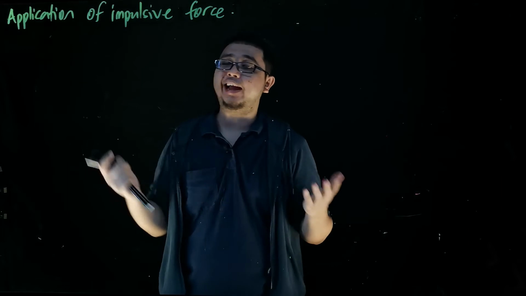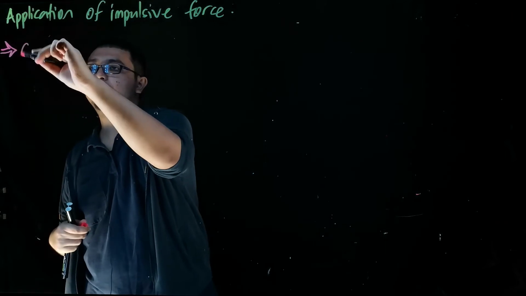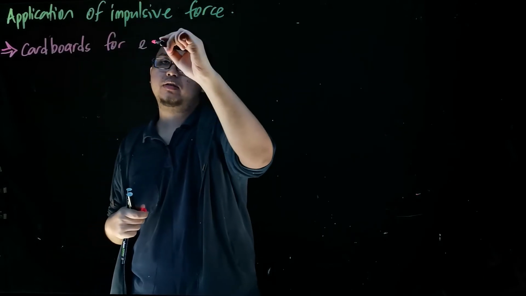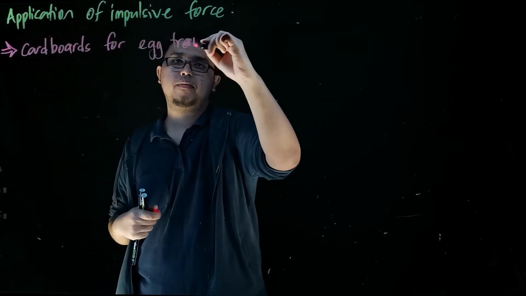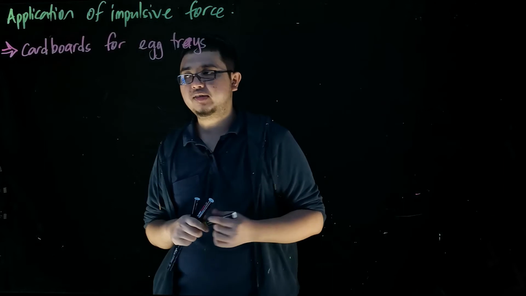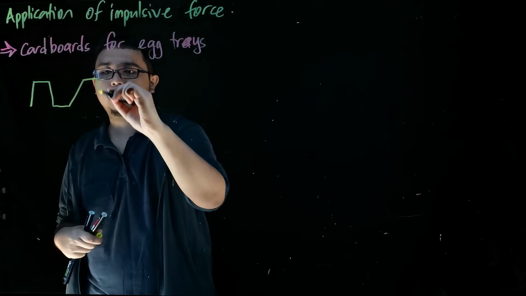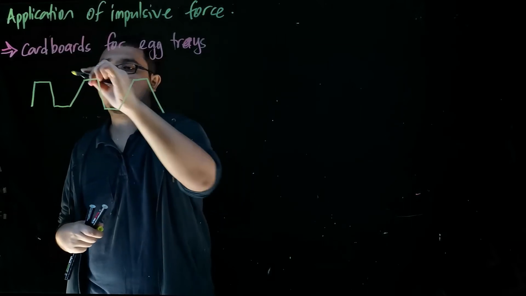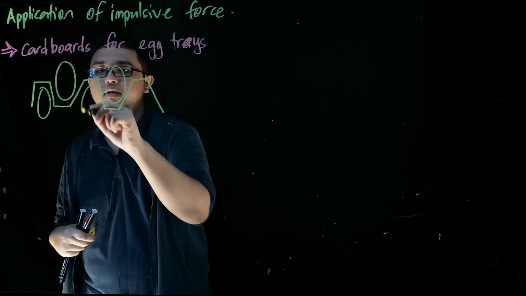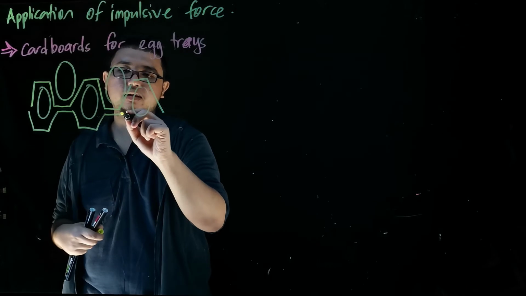Right, now we're going to look at other applications of impulsive force. We have, for example, the cardboard for egg trays. The cardboard of egg trays is designed in a very hexagonal manner, where you can place your egg in one, and on this side you have another cardboard where it will retain the egg.